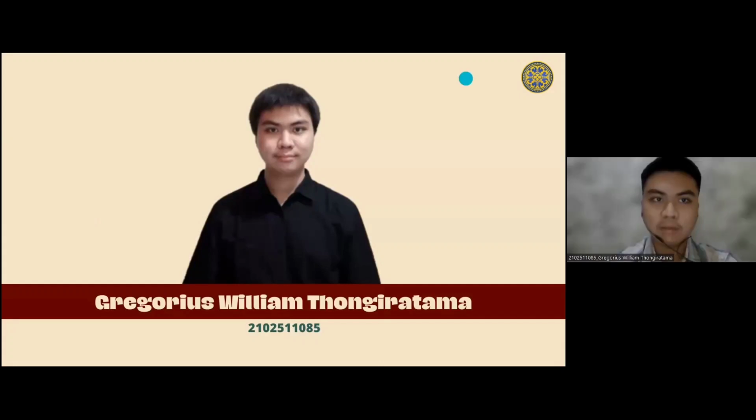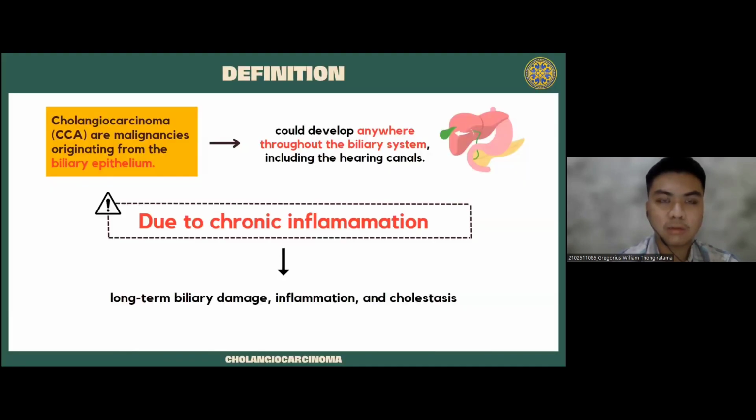Good morning, my name is Gregorius Thongiratama with the last digits of student number 085. Now I'm going to explain the definition of cholangiocarcinoma. Cholangiocarcinoma, or known as CCA, is a malignancy that originates from the biliary epithelium and develops anywhere throughout the biliary system.